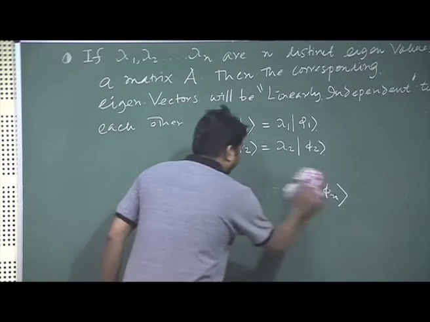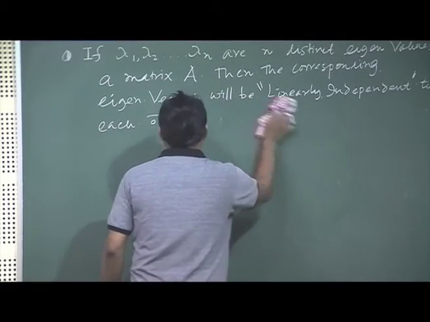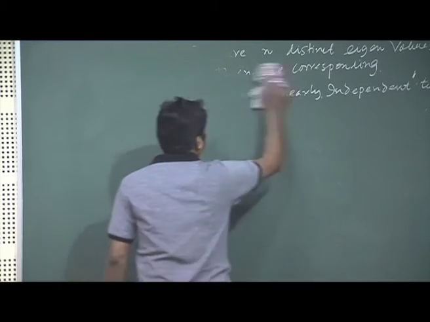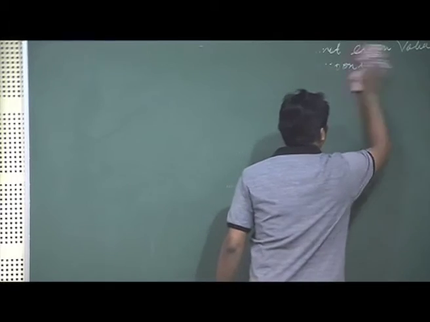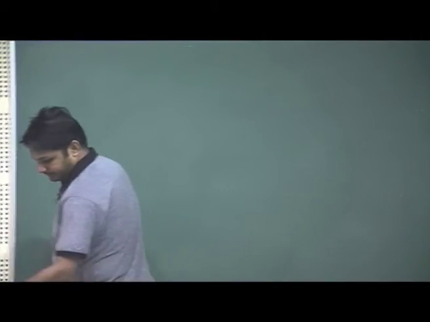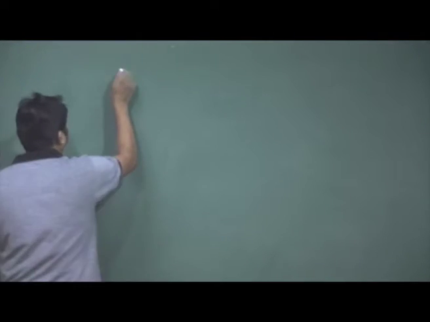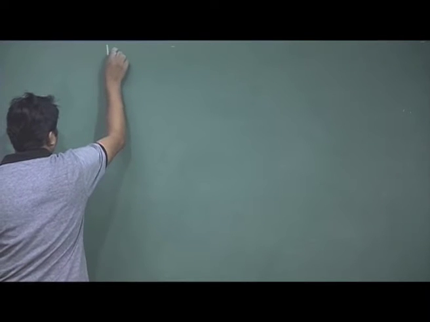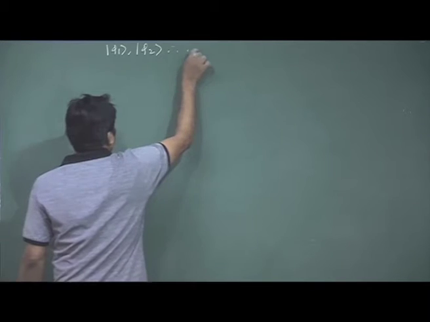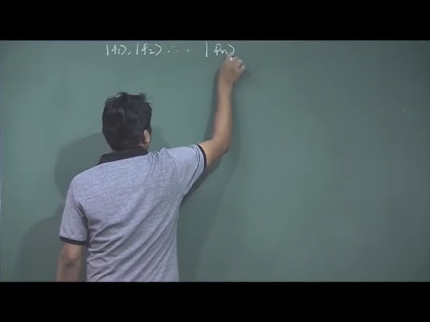So, let us try to prove that, which is tricky, but conceptually important. Let us start with this equation. phi 1, phi 2, ..., phi n, as I showed, are the eigenvectors.